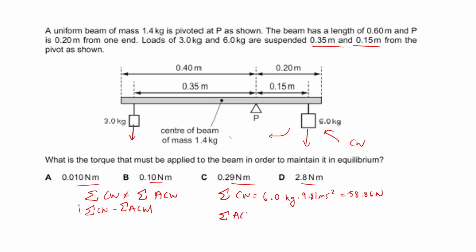And then the sum of anti-clockwise is equal to 3.0 kg times 9.81. I forgot to do the distance, but for moments you have to account for the distance. So you have to multiply this by 0.15, which is 8.829 newton meters.